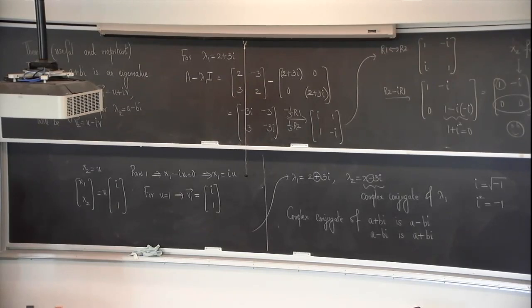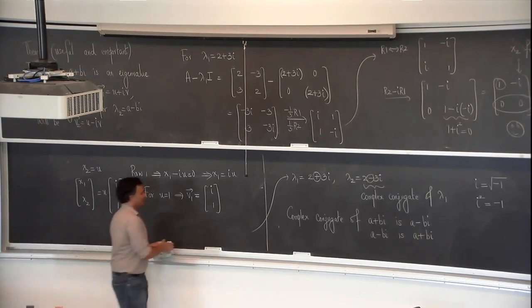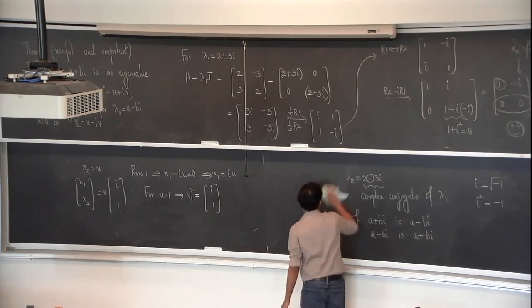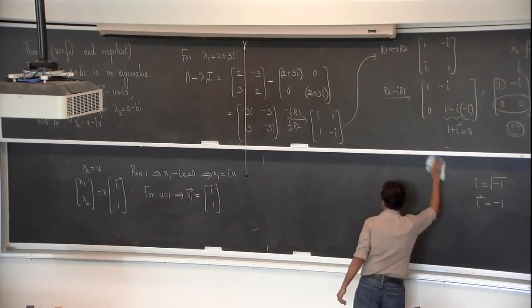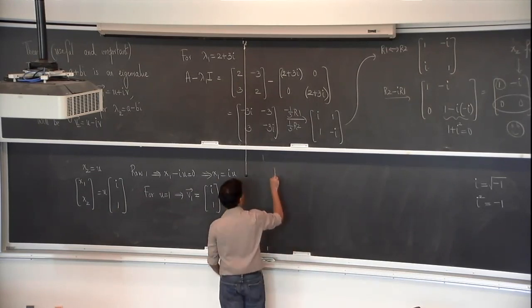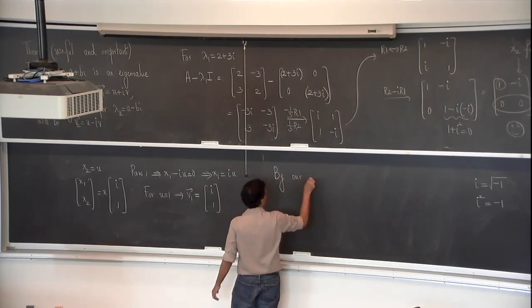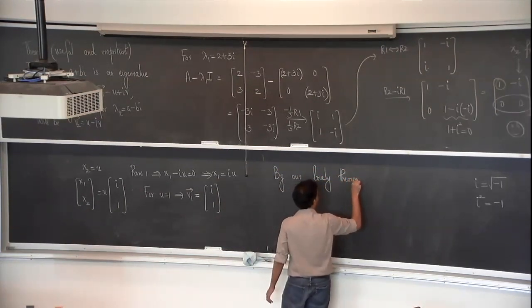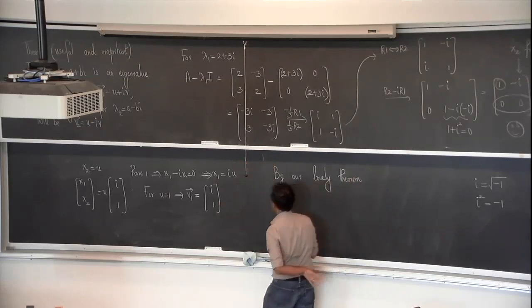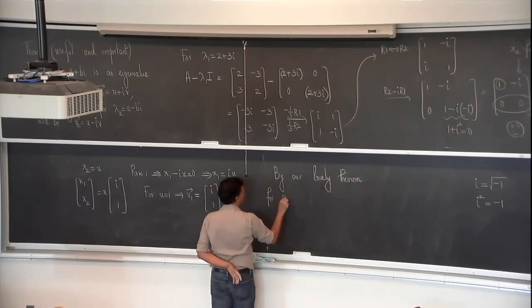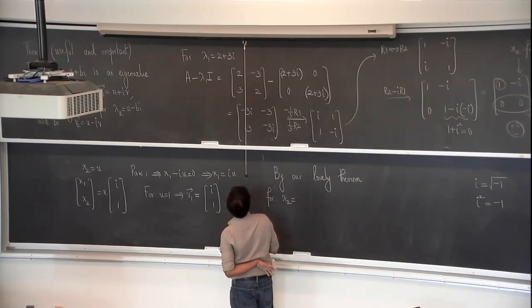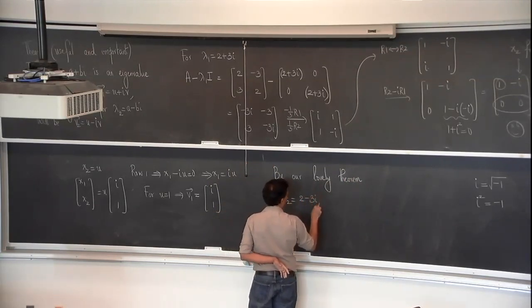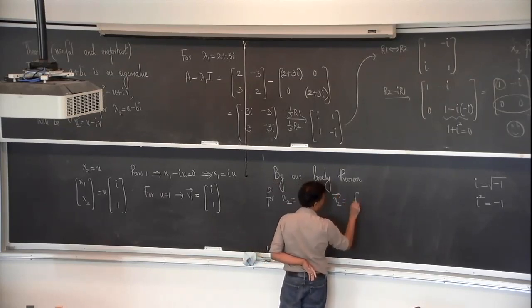So you do all the hard work for that one eigenvalue because now we can use our beautiful theorem up there and write the second one without any work. So by our lovely theorem, for lambda 2 equal to 2 minus 3i, the eigenvector v2 would be (negative i, 1).